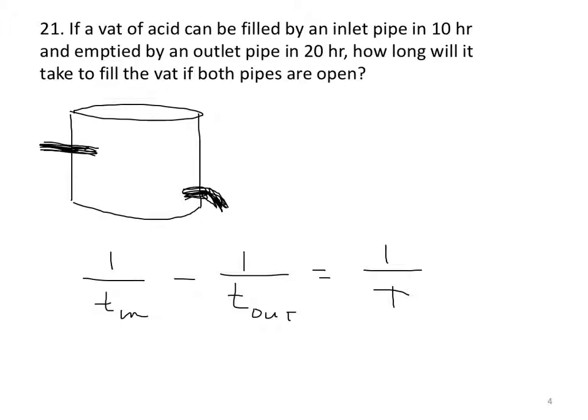So now this is like a work problem, except you have a subtraction involved. So we know that it takes 10 hours to come in, so we can just write 1/10, and it takes 20 hours to empty. That's 1/20. That's our equation that we're going to solve.